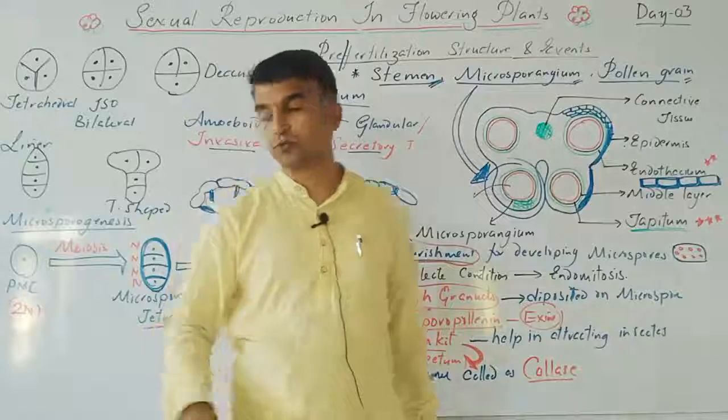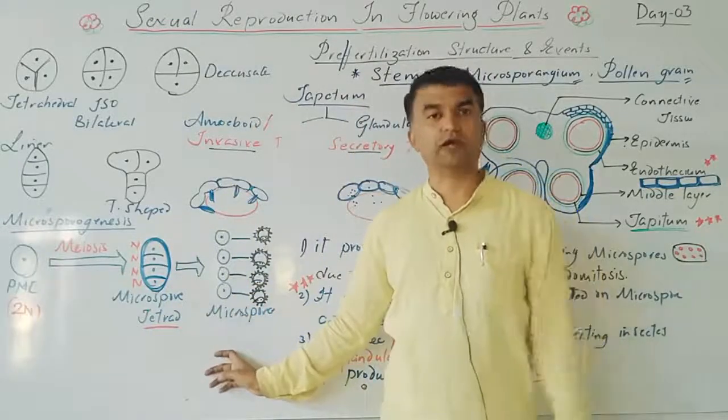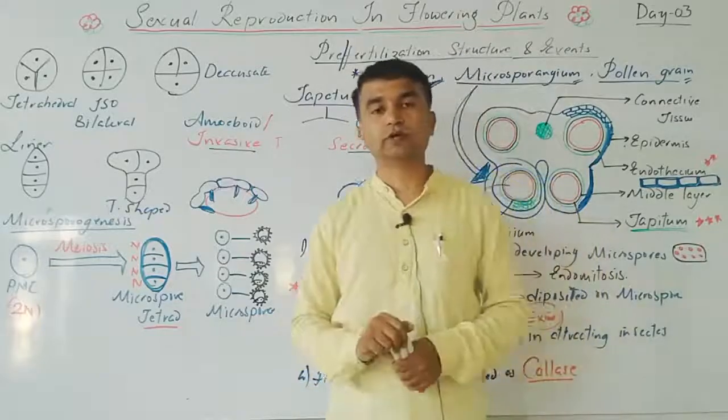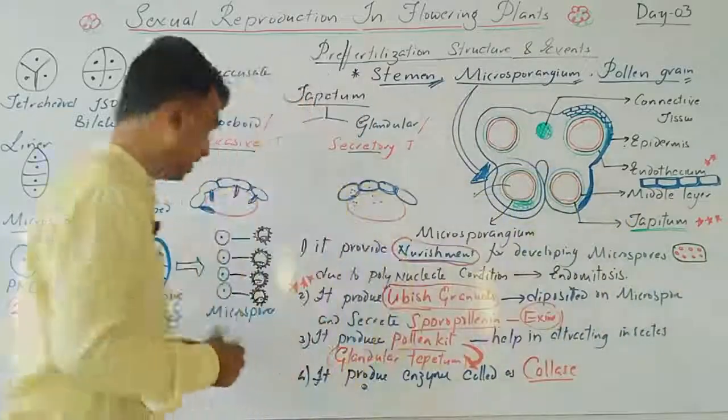Now after microsporogenesis, the microspore develops into a pollen grain. The maturation of the microspore takes place. Initially, the microspore has only one nucleus.